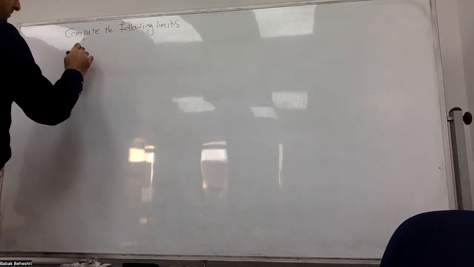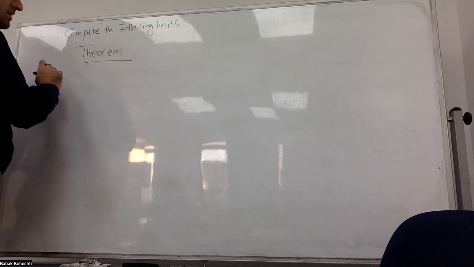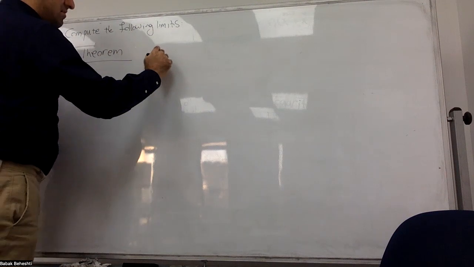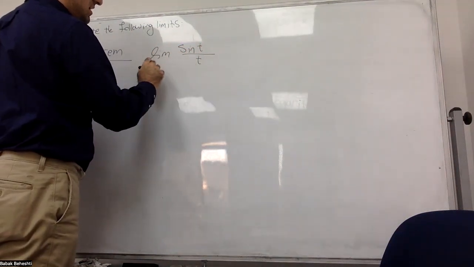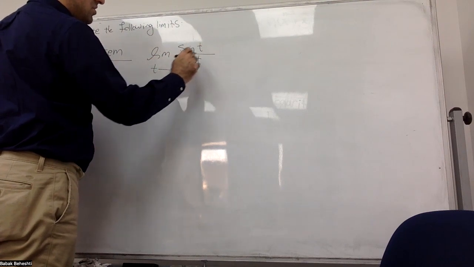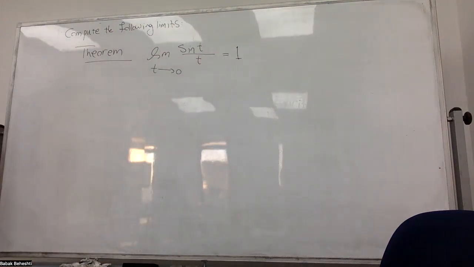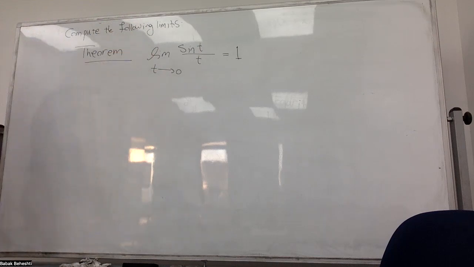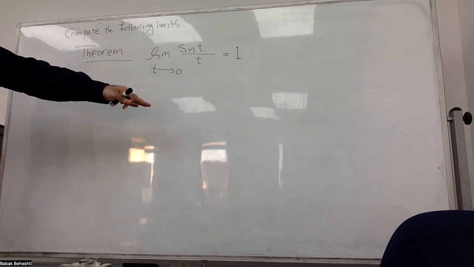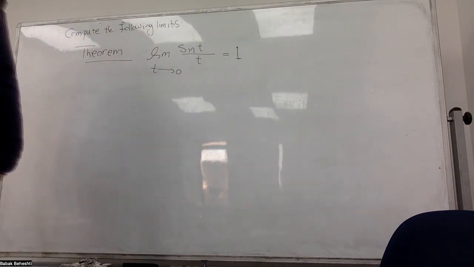So this is a theorem, and it says that the limit of sine t over t when t goes to 0 is equal to 1. No matter 0 plus or 0 minus, when t goes to 0, it is 1.